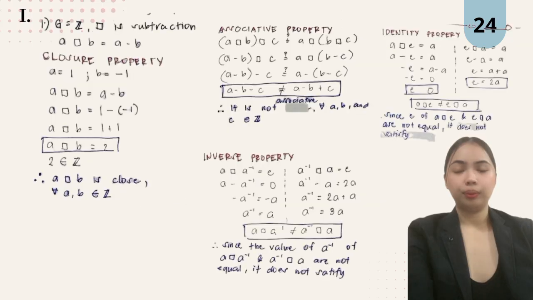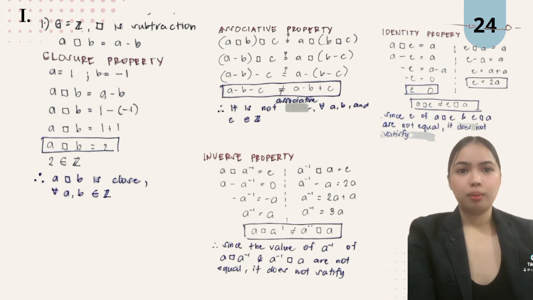So first, let us answer test 1 number 1, which is G is equal to Z, operation is subtraction. By proving this, we should satisfy the definition of a group. First, the closure property. Let A be equal to 1 and B equal to negative 1.